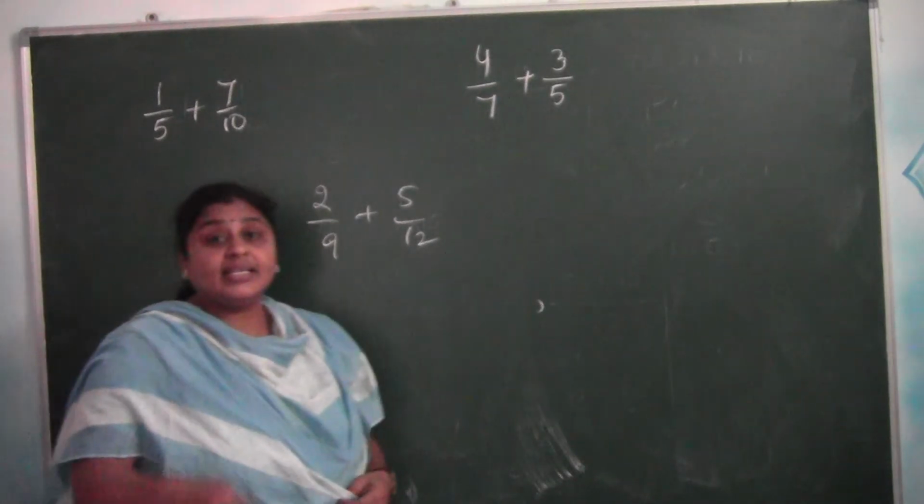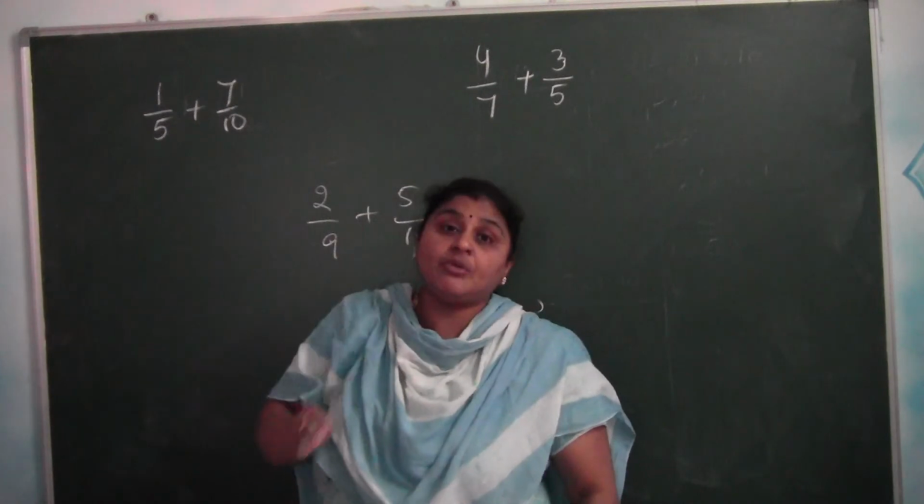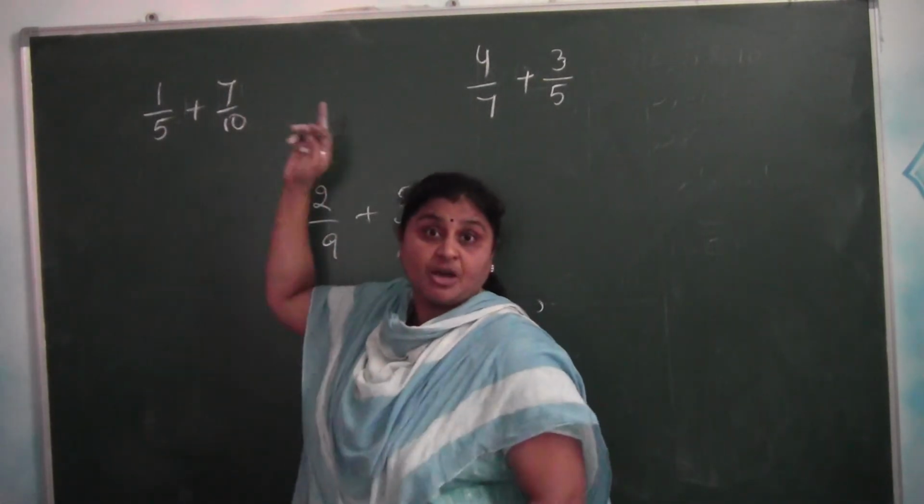Before calculating the LCM of the denominators, check the denominators first. Now see 5 and 10. What do you observe from these denominators?